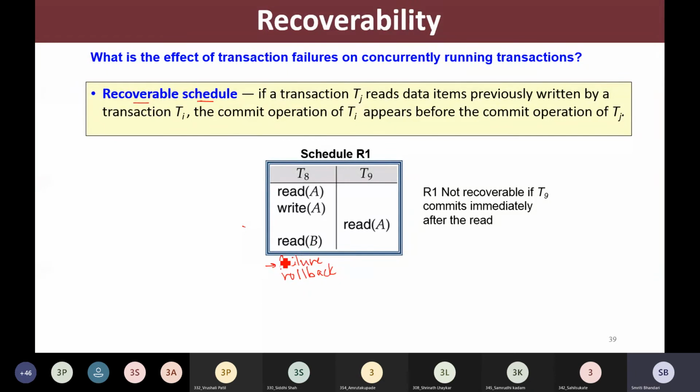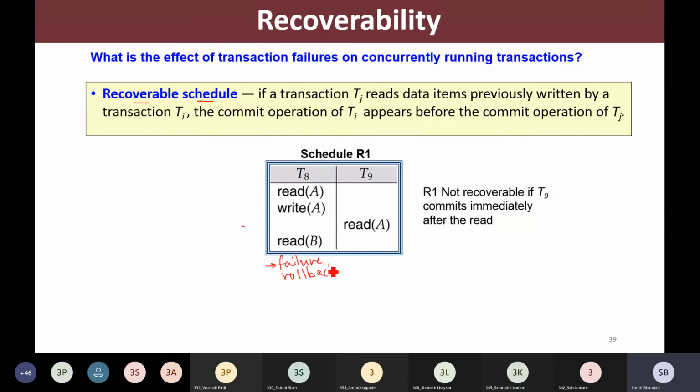If T8 is rolling back or reverting, and this has also not been committed, then what will happen? As T8 gets rolled back, T9 also gets rolled back. And that is why there is no harm to the consistency of the database.